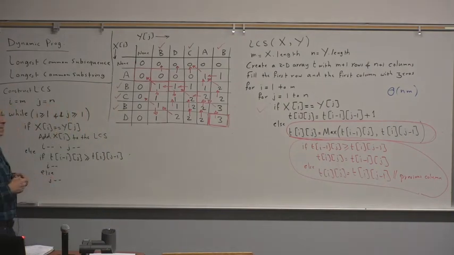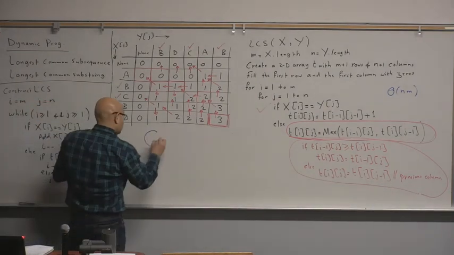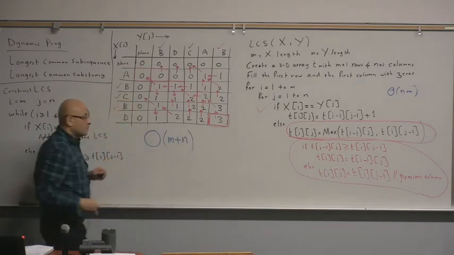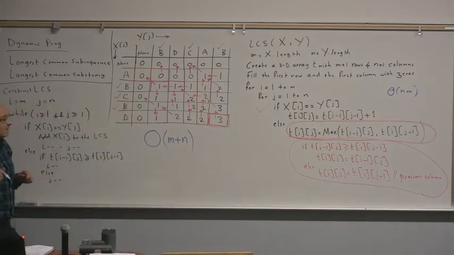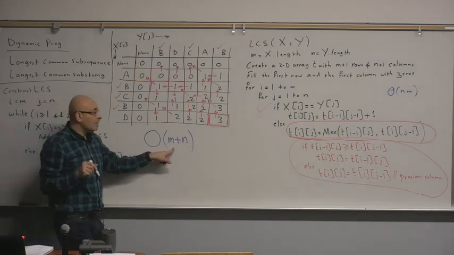Okay. So in fact, it's easier to say it's big O of M plus N. So we know that it's not going to exceed M plus N. Why?